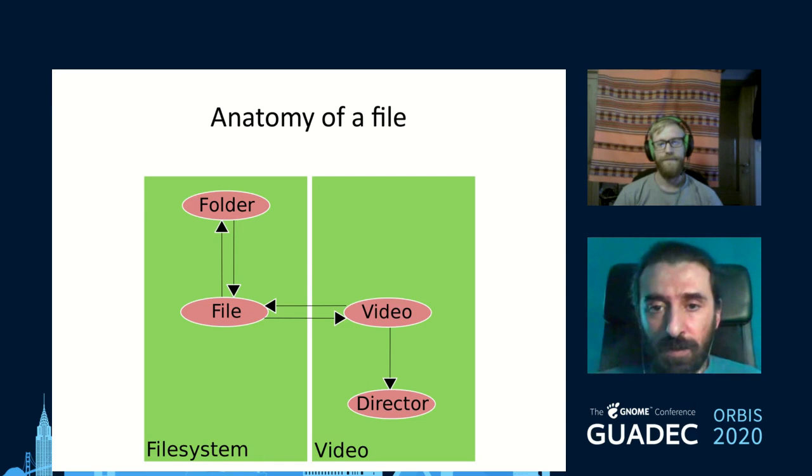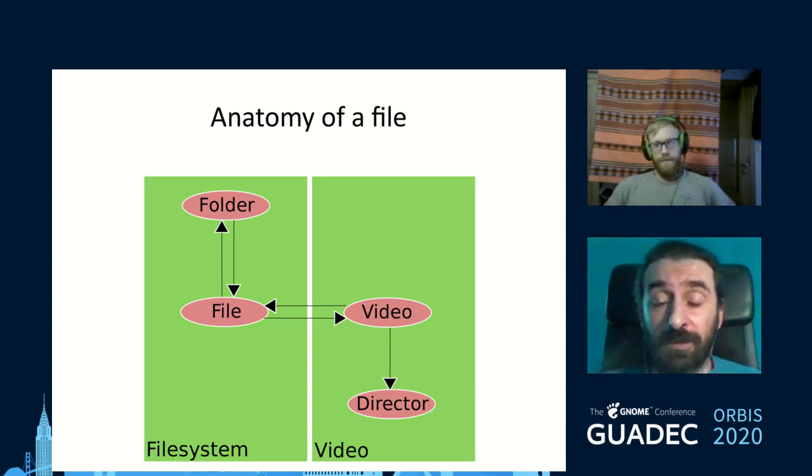But the idea here is that the file information is split from the content information and what the file contains inside. So for example, we have these big green squares, which could be the graphs.